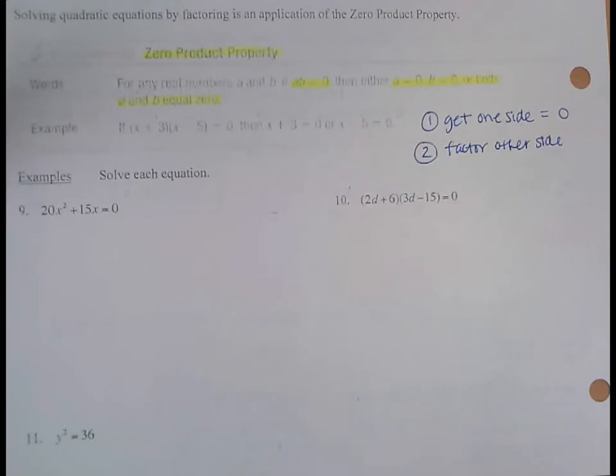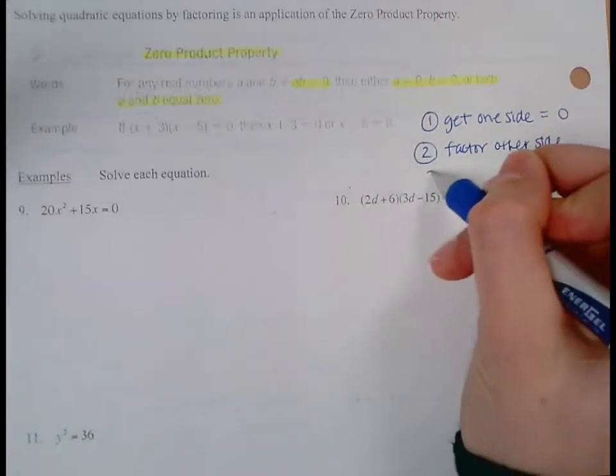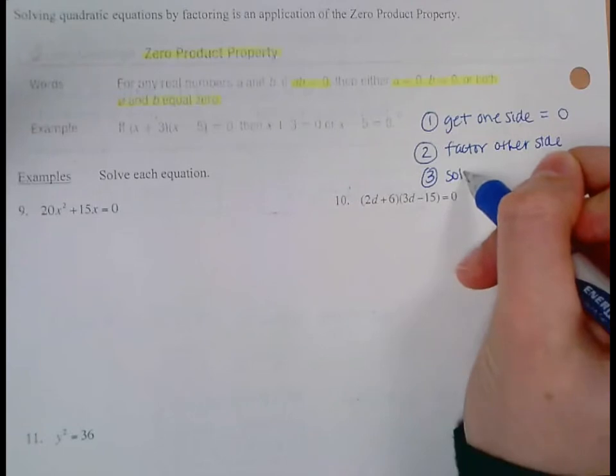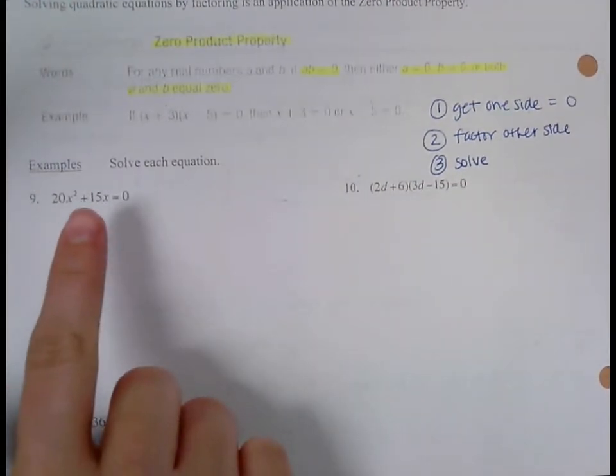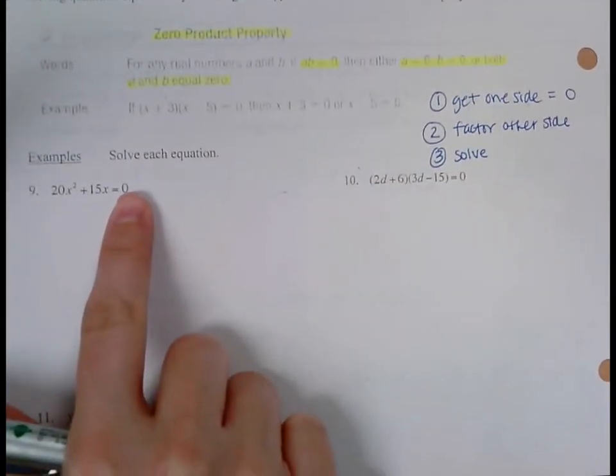And after you do that, or if it's already done, then you are going to solve using the zero product property. So one side has to be 0, you factor the other side, and then you solve using the zero product property.